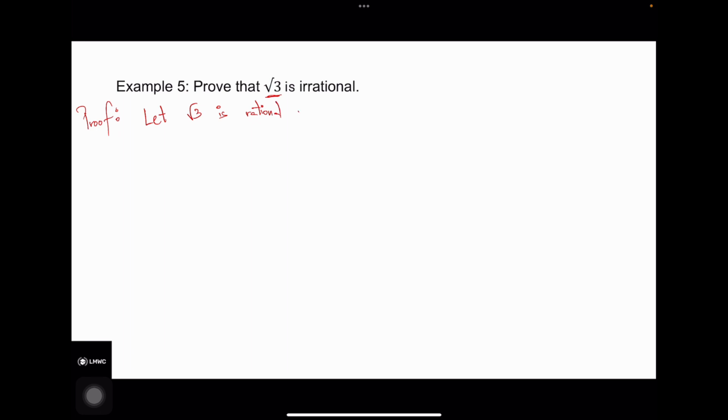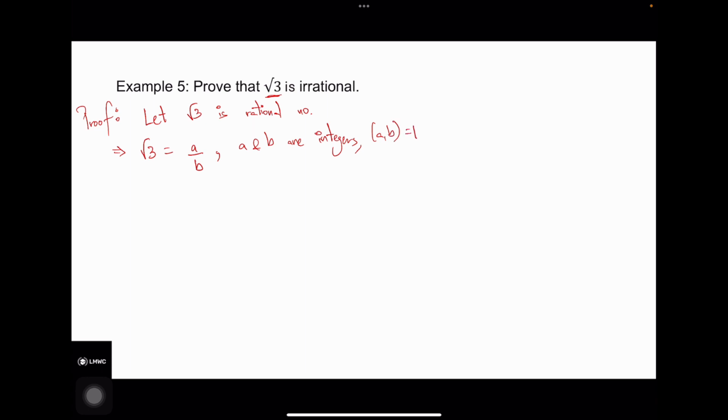If root 3 is a rational number, then root 3 can be written in a by b form, where a and b are integers, and not just that, they are co-prime as well.